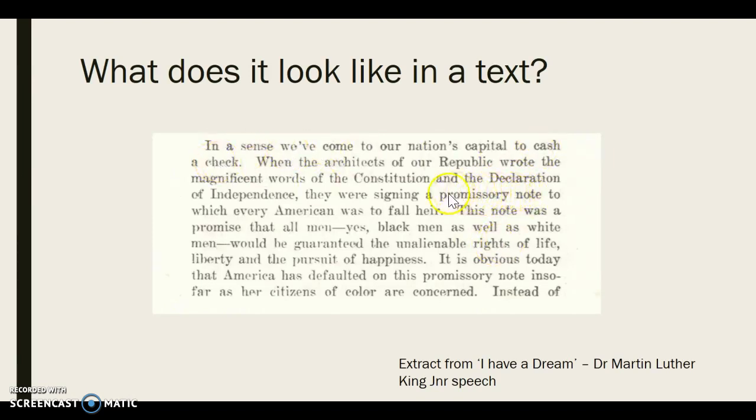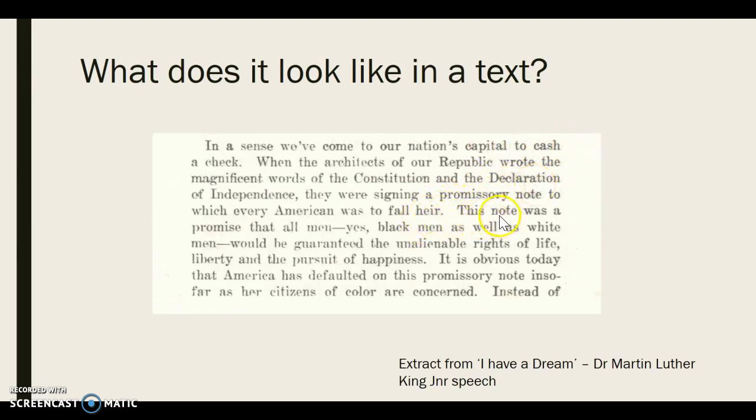And then he goes on, signing a promissory note to which every American was to fall heir. An heir is someone who is going to inherit. An inheritance has a monetary value. So again, we have another word that's part of this lexical chain: cash a cheque, promissory note, and heir.